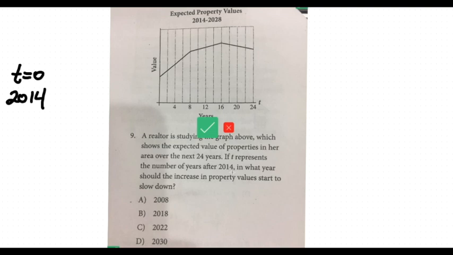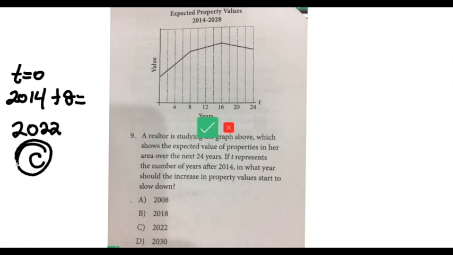And the keyword is in what year should the increase in property value start to slow down. So start means you have to get to the start of this slowing down line, which is right here. And if you go all the way down, you will get 8 years. So what you will do is you would add 8 years to 2014 and you will get 2022. So your answer in this case here is C.